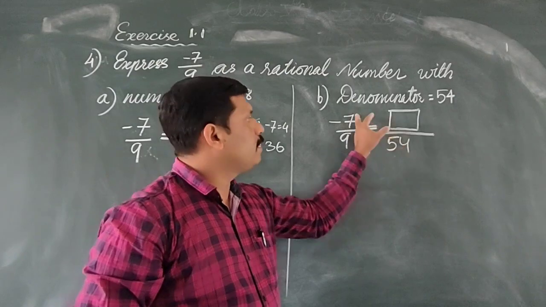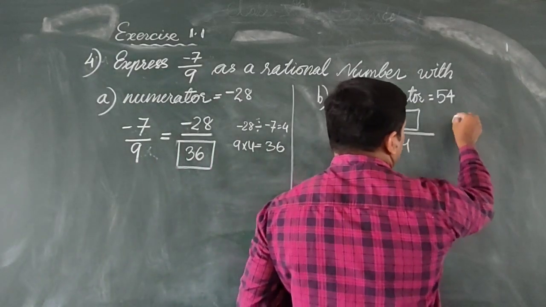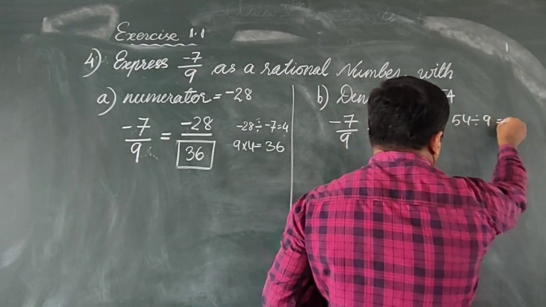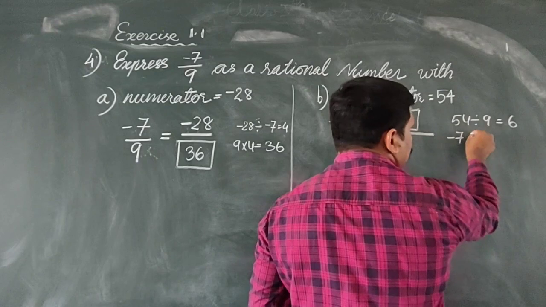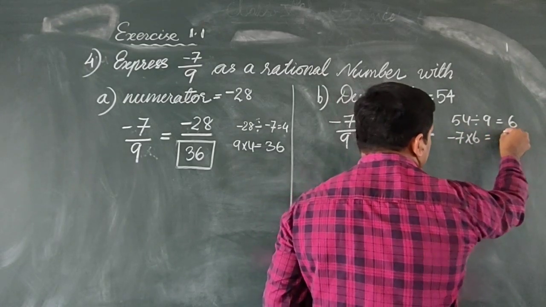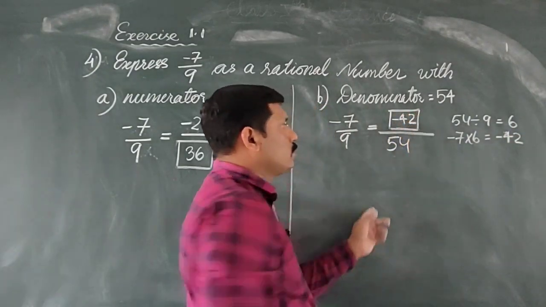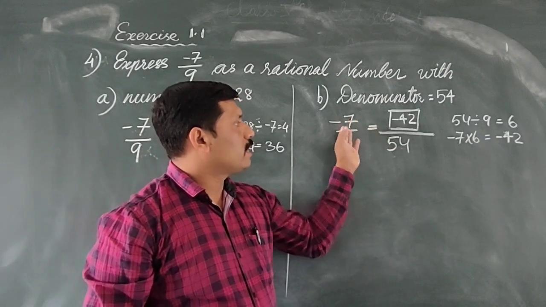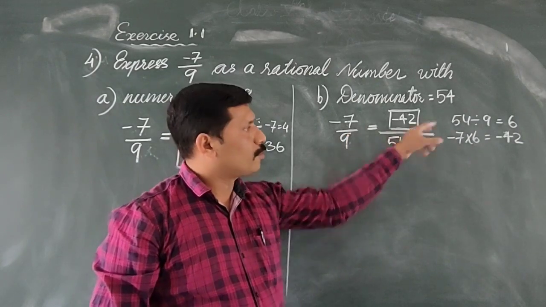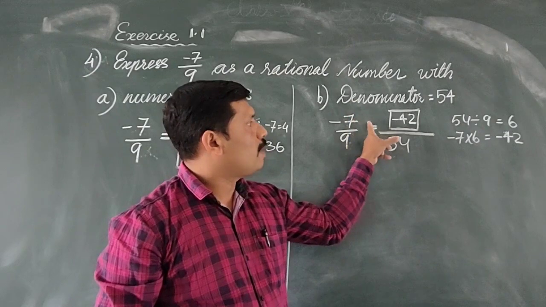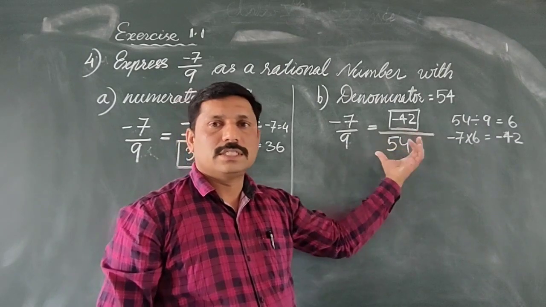That is 6. That 6 we multiply with negative 7, and we get negative 42 upon 54. So this is the new rational number.